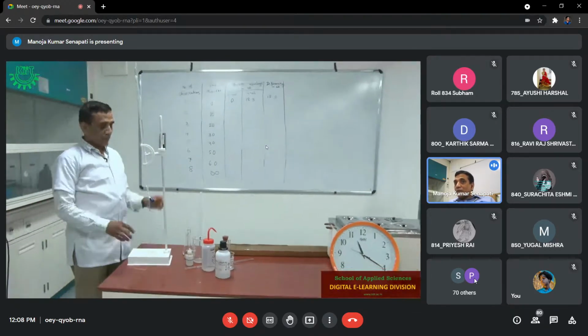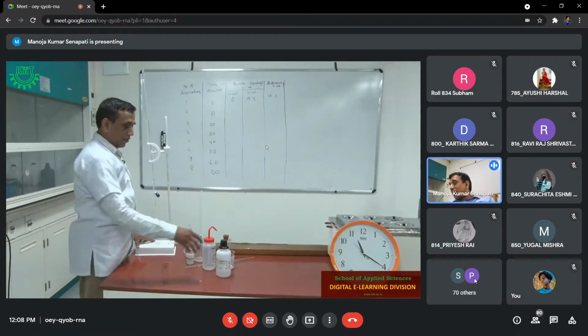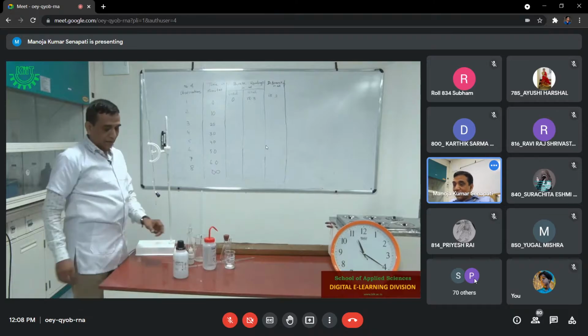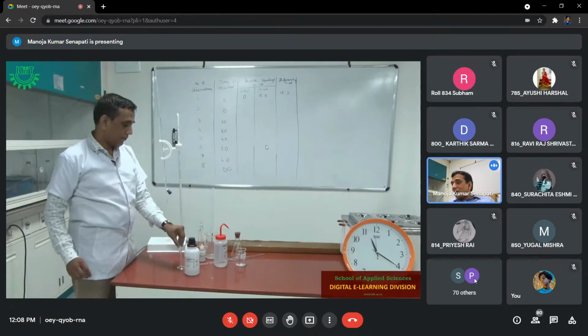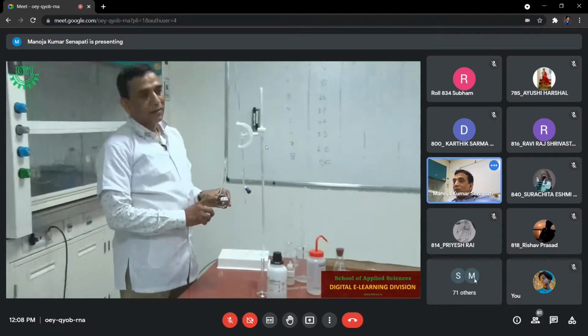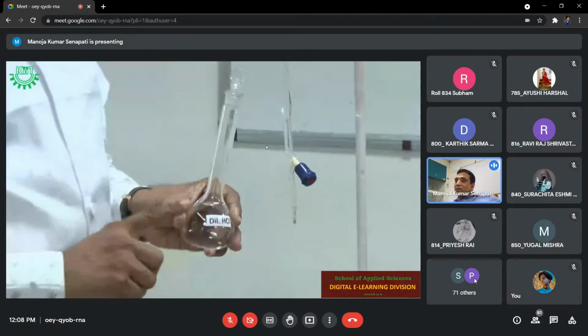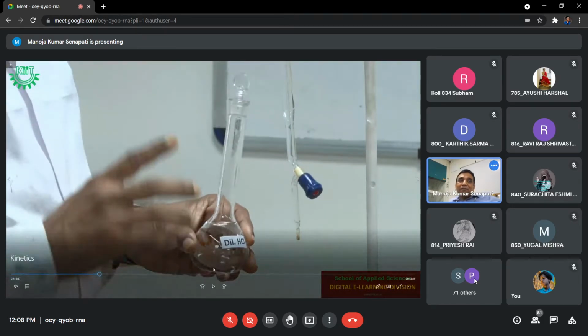Now we are going to find out the second observation. At 10 minutes, how much hydrolysis reaction is there. Till now, the hydrolysis reaction has not started. Now you are going to start the hydrolysis reaction. So you can see in this measuring flask, how much dilute HCl is there.